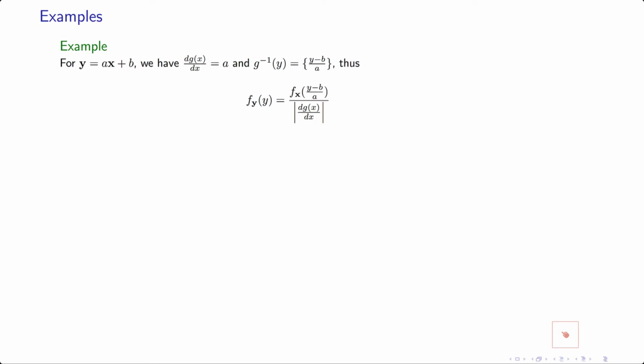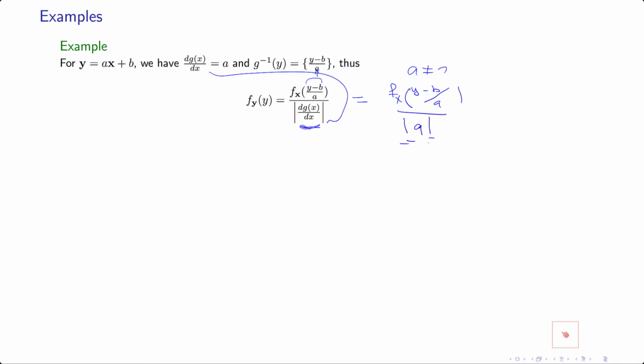Because you have a unique solution for a not equal to 0, you get fy of y equal to fx at the solution, divided by this derivative. Remember that I write this in terms of y, so this derivative is equal to a, and it's going to be fx of y minus b divided by a, and then divided by the absolute value of a.